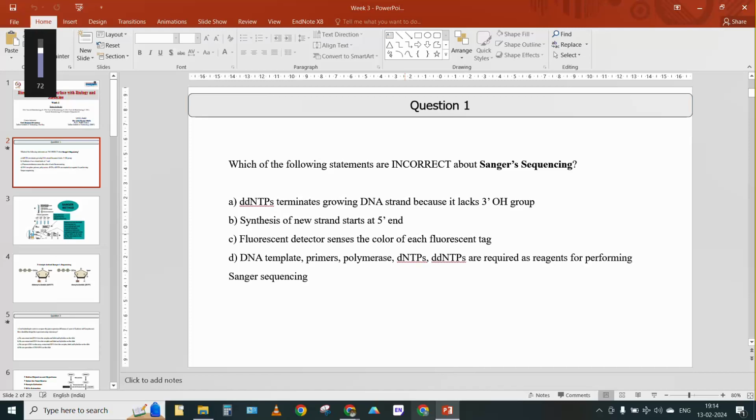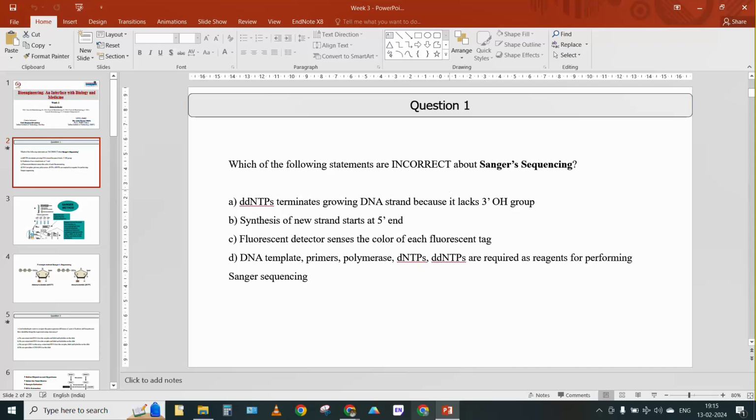Correct, correct. And what is the principle behind this Sanger sequencing? Sir, I don't know. Mostly for this question, I'm feeling option A is incorrect actually.